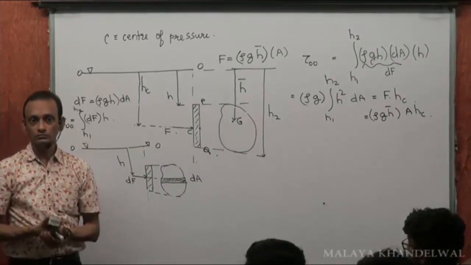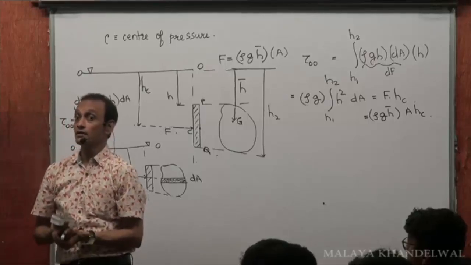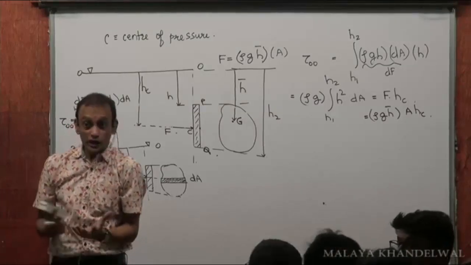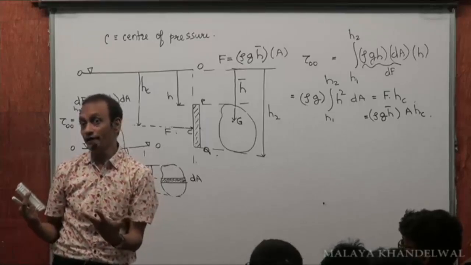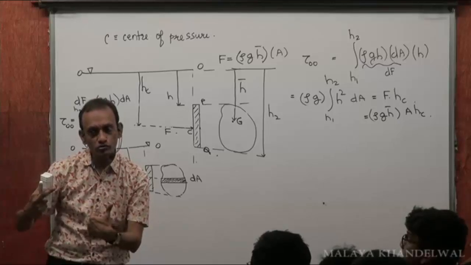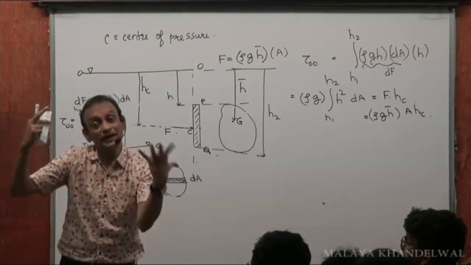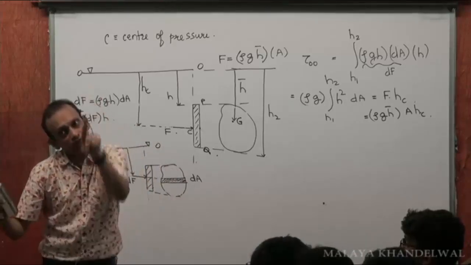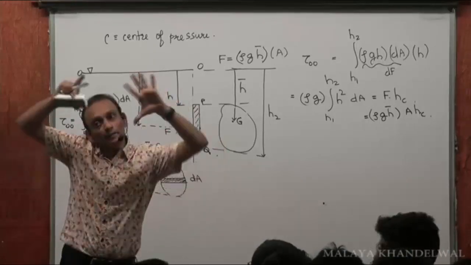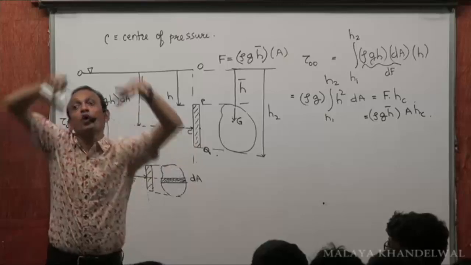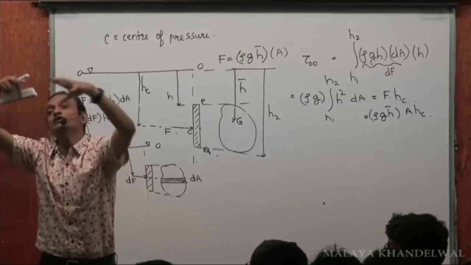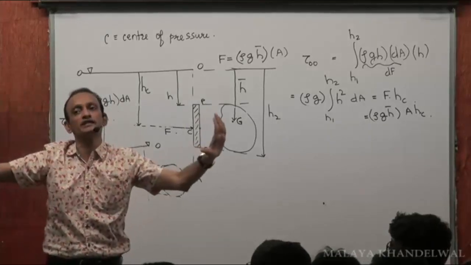No, no, of course not. That's the gravitational forces, not hydrostatic forces. Center of gravity will give you the gravitational. I had never said that the entire force was acting at the center of gravity. All that I was saying was the force could be computed by computing the pressure at the center of gravity into the area A. It doesn't mean that the entire force was acting at the center of gravity.